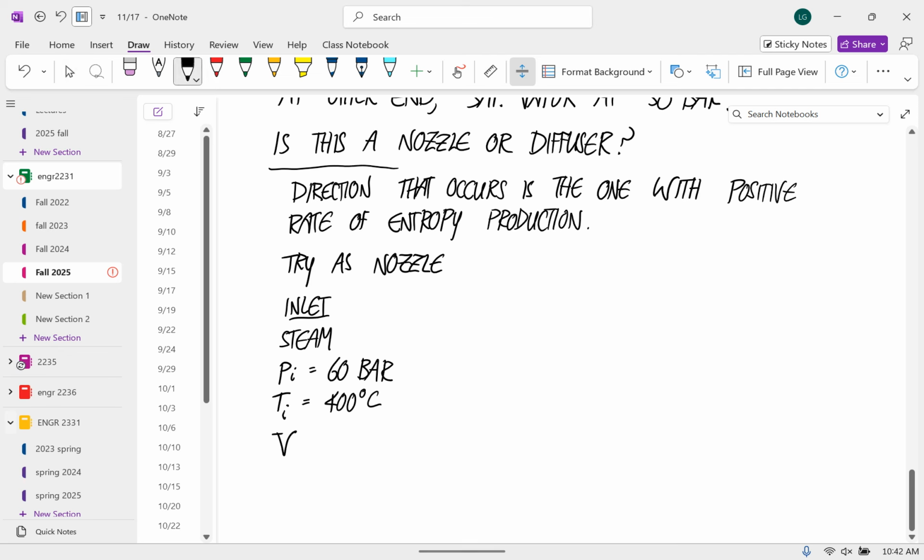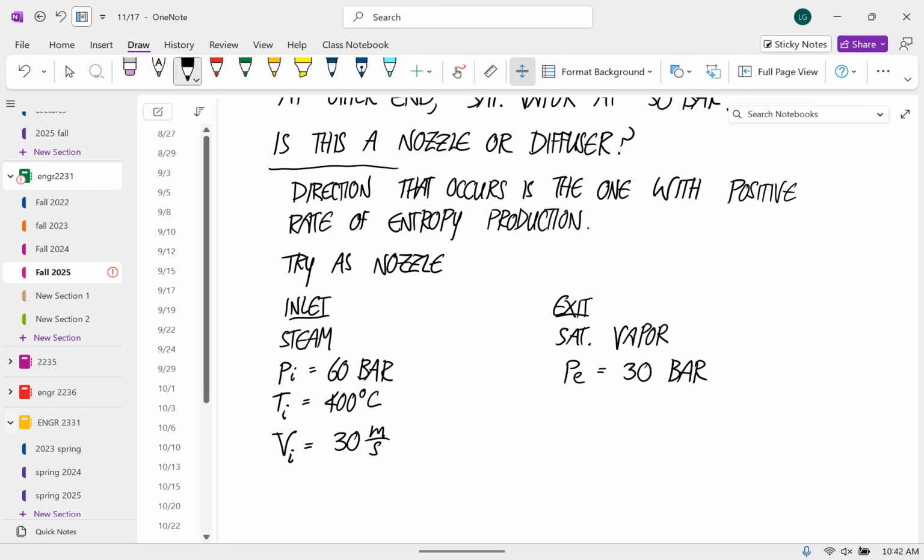And the inlet speed is 30 meters per second. At the exit, we have a saturated steam. And the exit pressure is 30 bar.